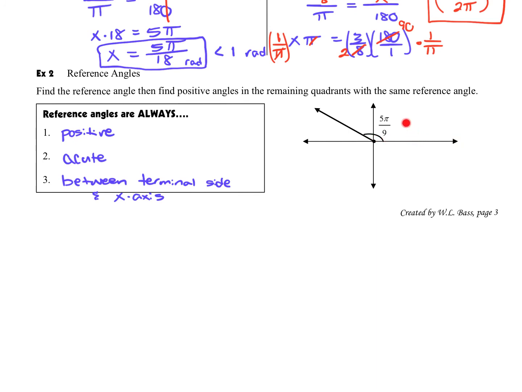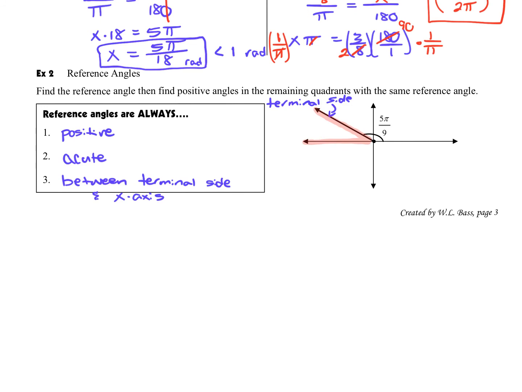So the one that moves, wherever it stops, we're going to call this the terminal side. And again, this will be touched on more in the next video. This will be our terminal side, okay? So the reference angle has to be formed between this terminal side and the x-axis. It cannot be formed between the y. It's a little bit of an adjustment if you've been working with bearings. So this is going to be our reference angle.